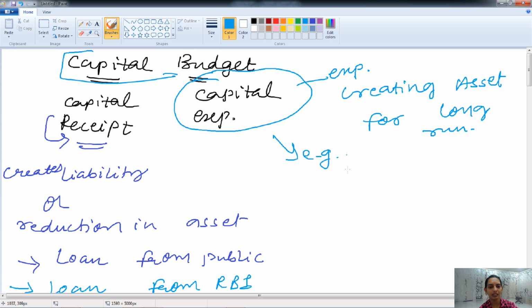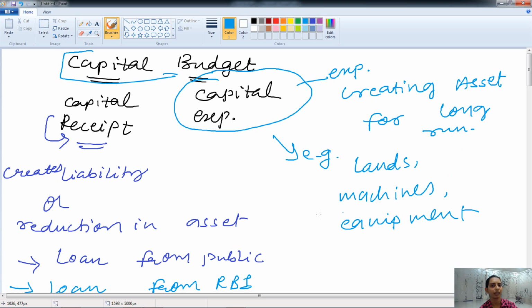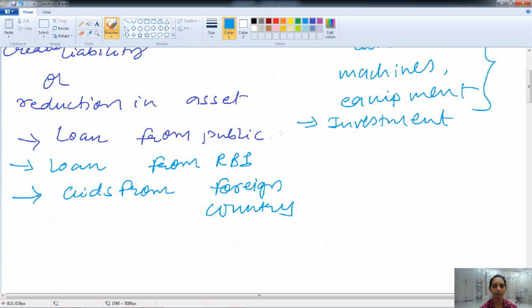For example, the expenditure on the purchase of lands, machines, equipments is all known as the capital expenditure, or the investment made by the government for getting a high future benefit. This helps to create future benefits for the government.